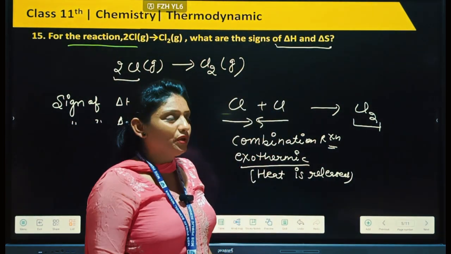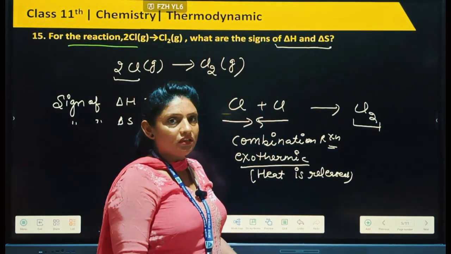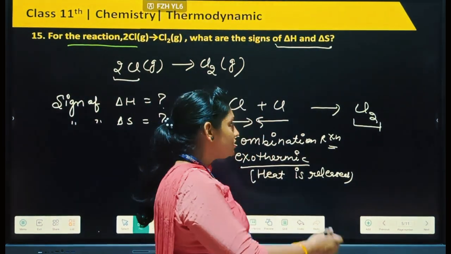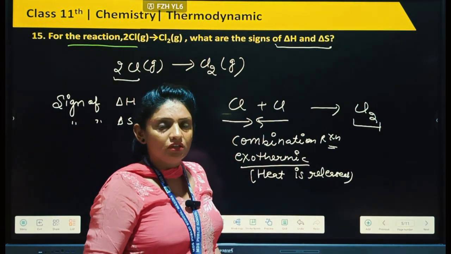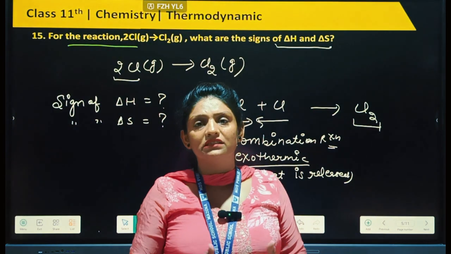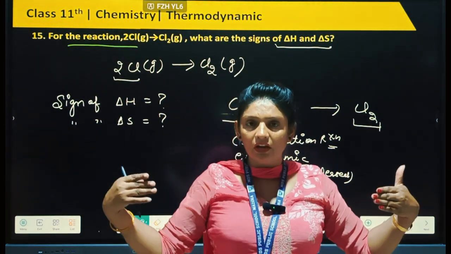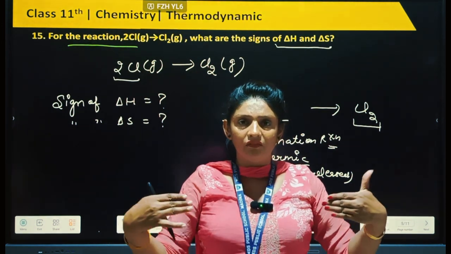Or we can say, students, here we have two different atoms. They are combining with each other and giving us a single one. It means bond formation takes place here. During bond formation, when atoms come closer to each other, they collide.